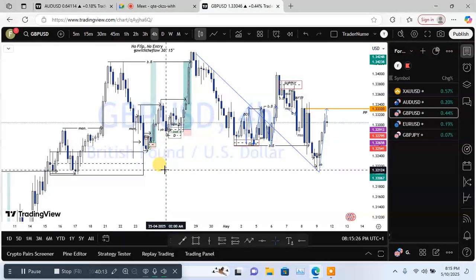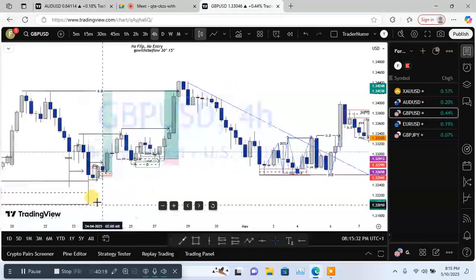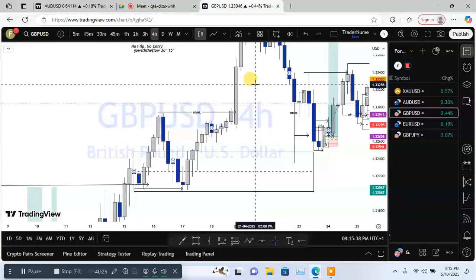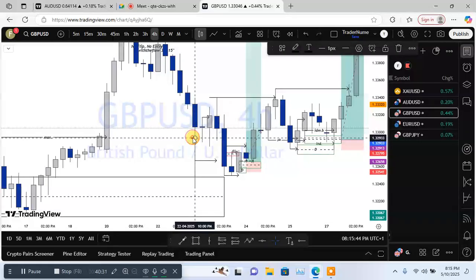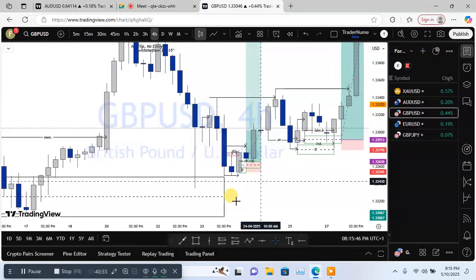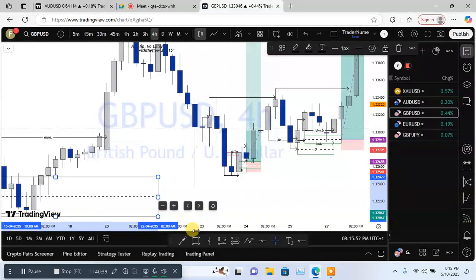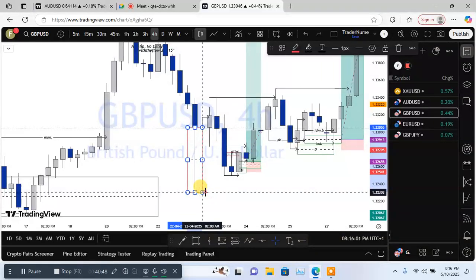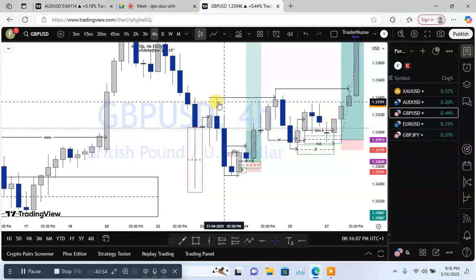I think I'm going to talk about the wick and body of the candle so that you don't get confused when I say wick sometimes. Now, what is a wick? A candle is made up of the body and the wick. I'm zooming this so that you can see it. All right, so in this bearish candle, this long thing you are seeing here is the candle wick, while this one that is full, showing black here, is the body of the candle.